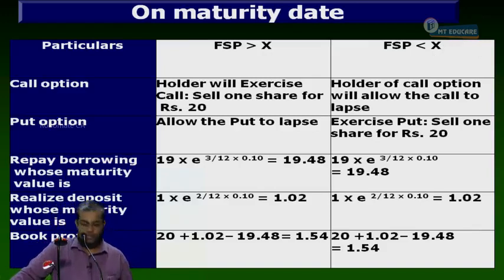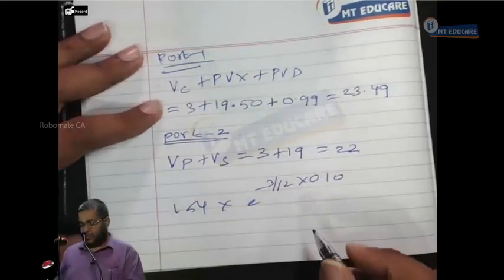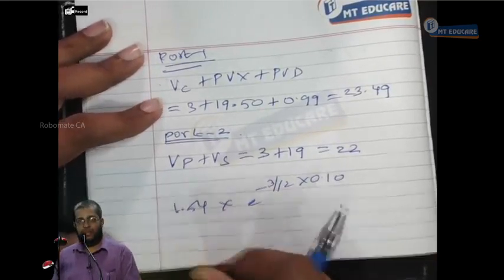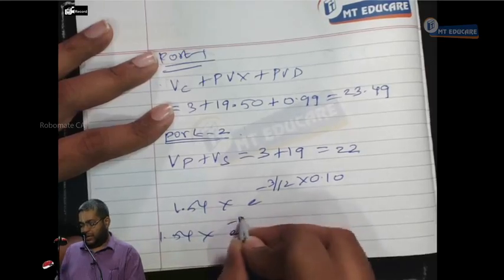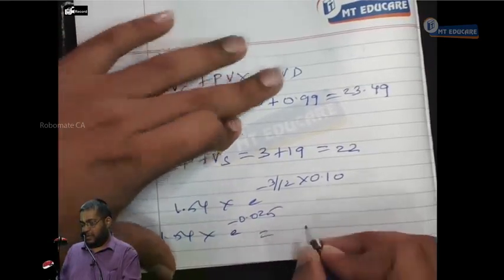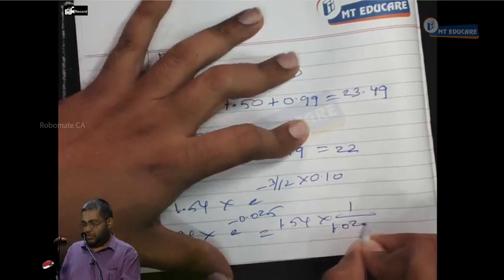Present value of profit is equal to 1.54 into, this 1.54 is given today, but after 3 months, 1.54 into e power minus 3 by 12 into 0.10. 1.54 into e power minus 0.025 is equal to 1.54 into 1 by what? 1.0253.